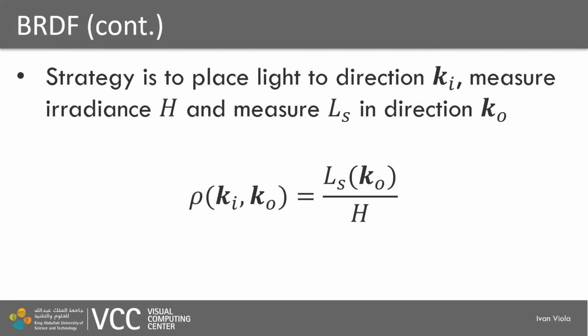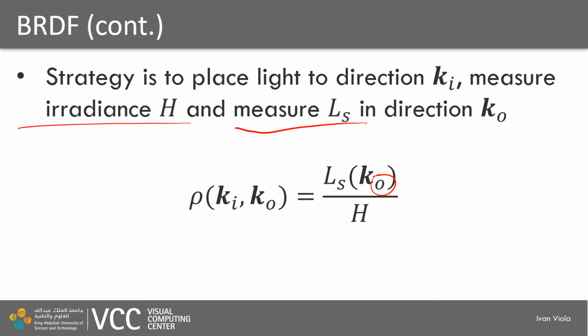In order to have such an intensity-independent capture, we have to measure the overall irradiance of the light and use it as a normalizing factor for a measure of LS, which is the outgoing radiance, the surface radiance in a particular outgoing direction, KO.